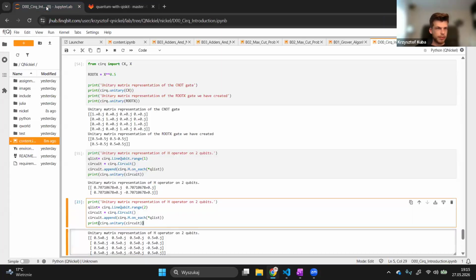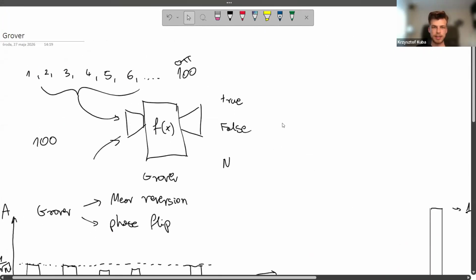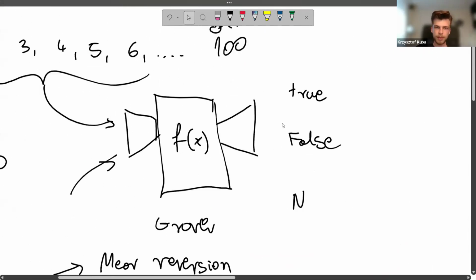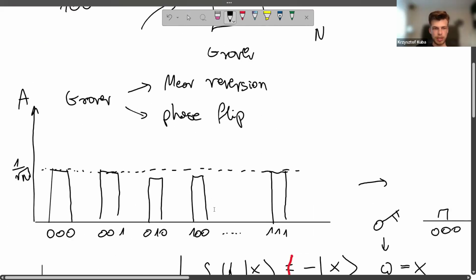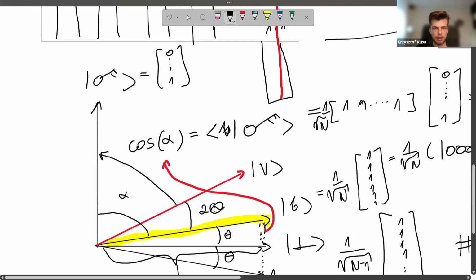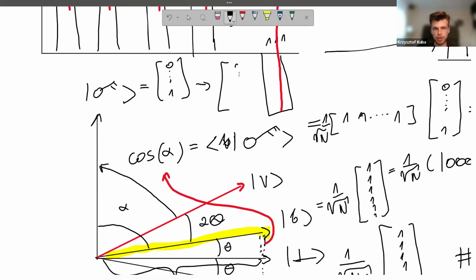Also, a very important question is, what if there are more keys? What if there's not only one key, but actually multiple keys? Well, the answer is that instead of this one, we will have more ones. So zeros, ones, zeros, zeros, ones.